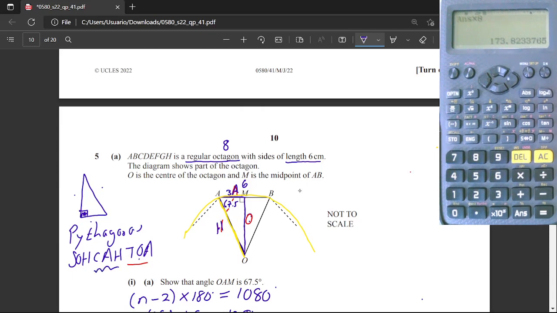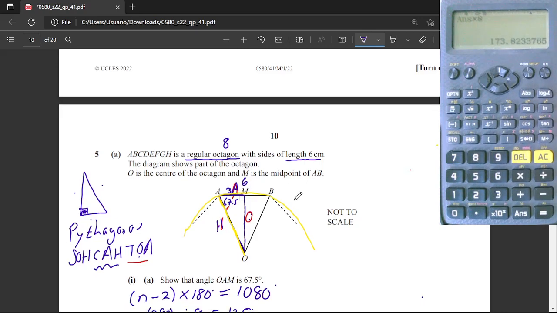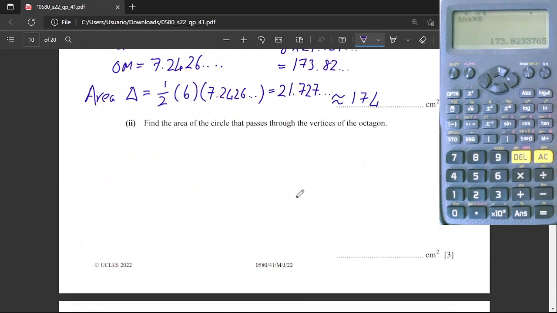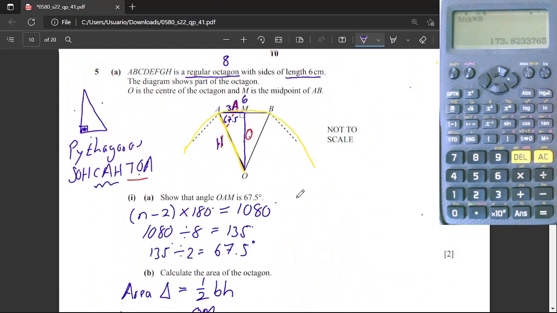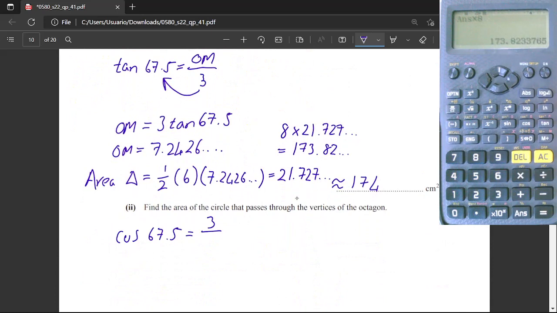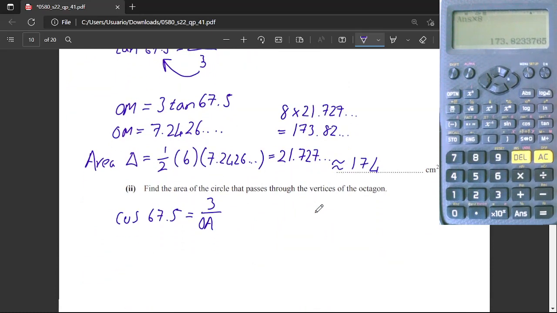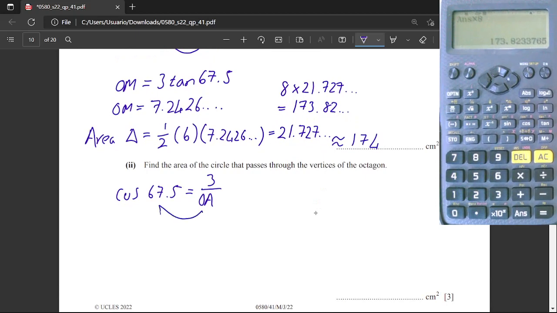We're using the cos ratio to work out the hypotenuse. So that will be cos 67.5 equals the adjacent, 3, over the hypotenuse, which is the radius of the circle, or in other words OA, the length of that line. So to work out OA, I'm going to multiply it over there and then divide by cos 67.5 on the other side.